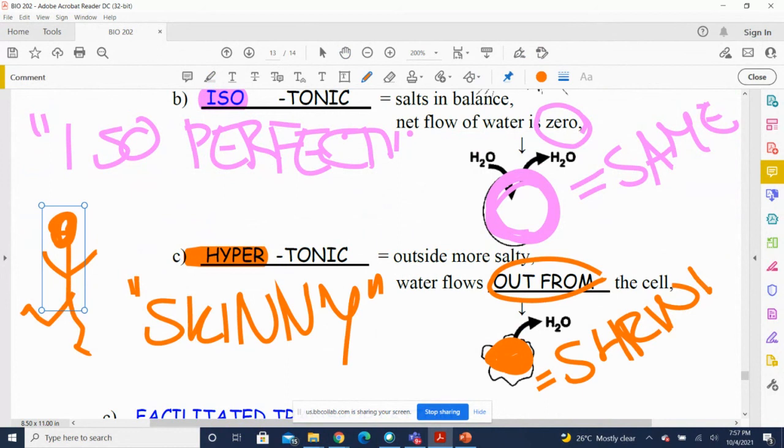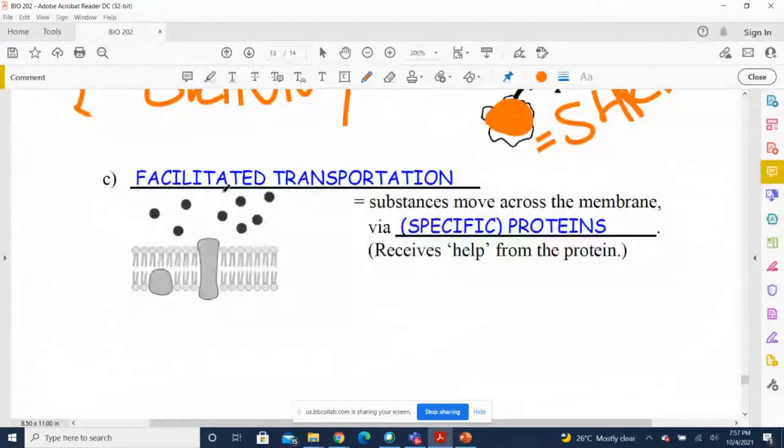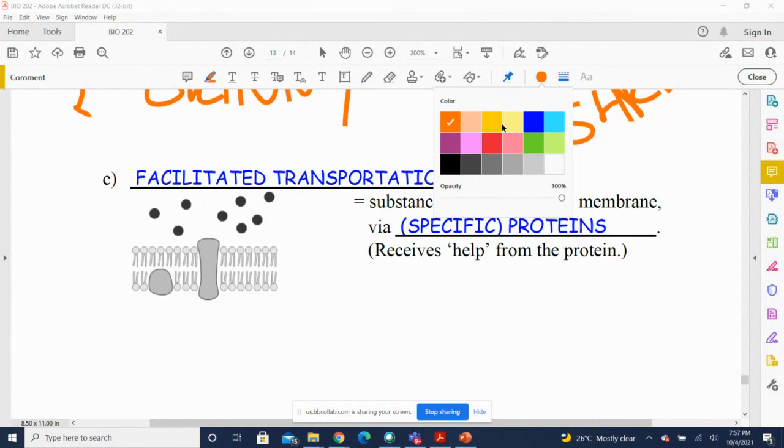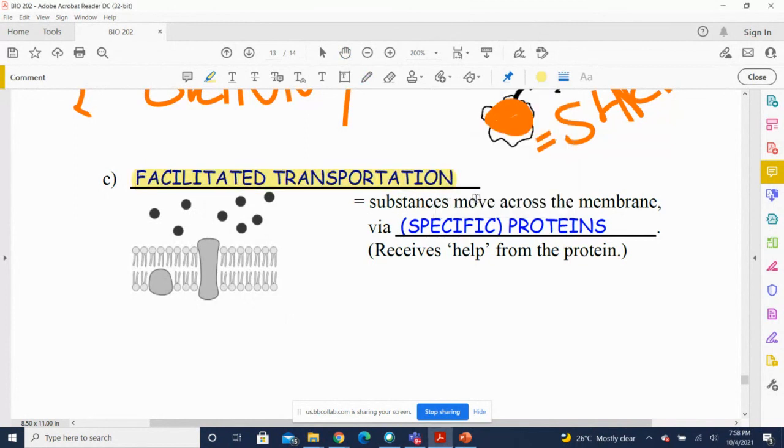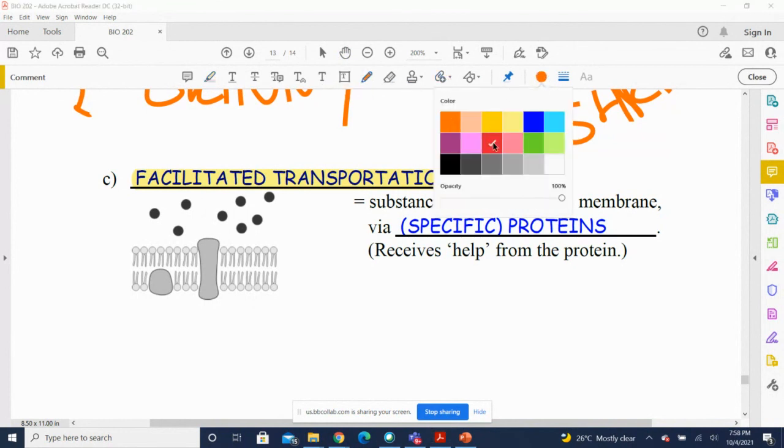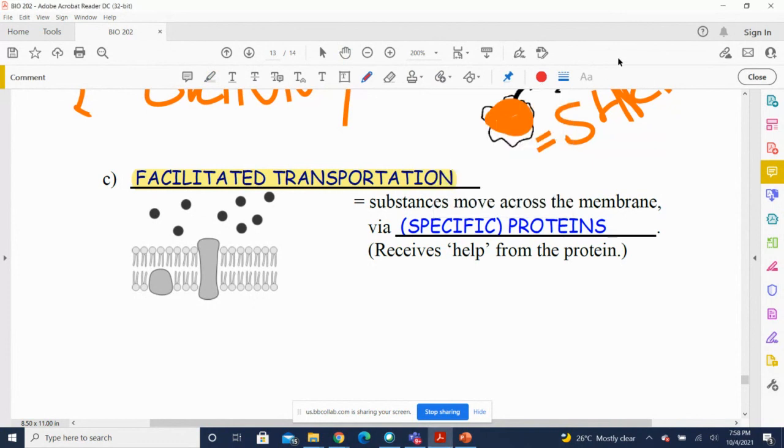Facilitated transportation, and remember, this is again an example of our passive transport. So transport where we are not investing any energy. The substances that we are studying here move across the membrane with the help of a protein.